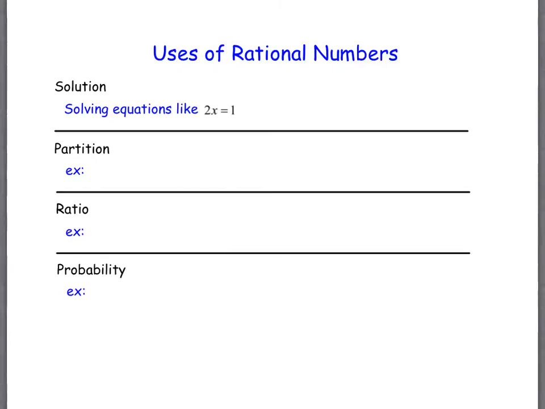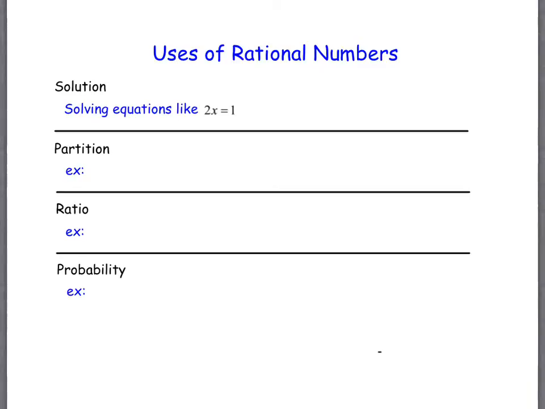There are at least 4 uses of rational numbers that your book brings about. The first use of rational numbers is to be able to solve equations that look like 2x equals 1. Here's the problem. If all we have are whole numbers, or even integers, positives and negative whole numbers, there isn't a whole number that actually solves this. If I plug in the number 0 on the left, 2 times 0 is 0.